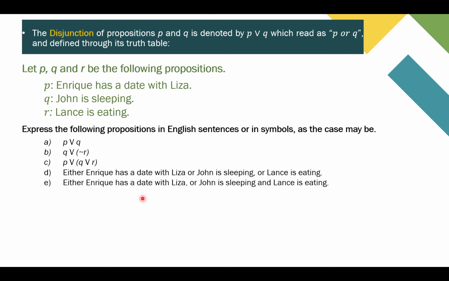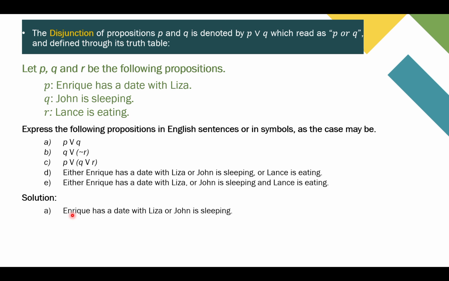For letter A, you may pause the video and try all these 5 following propositions, and then let us answer. For letter A, what is our P? Enrique has a date with Liza, or John is sleeping.